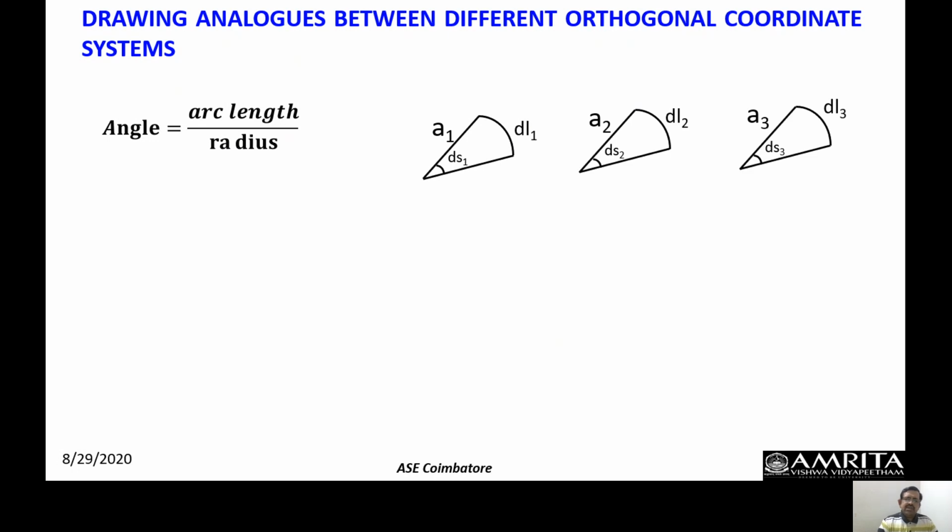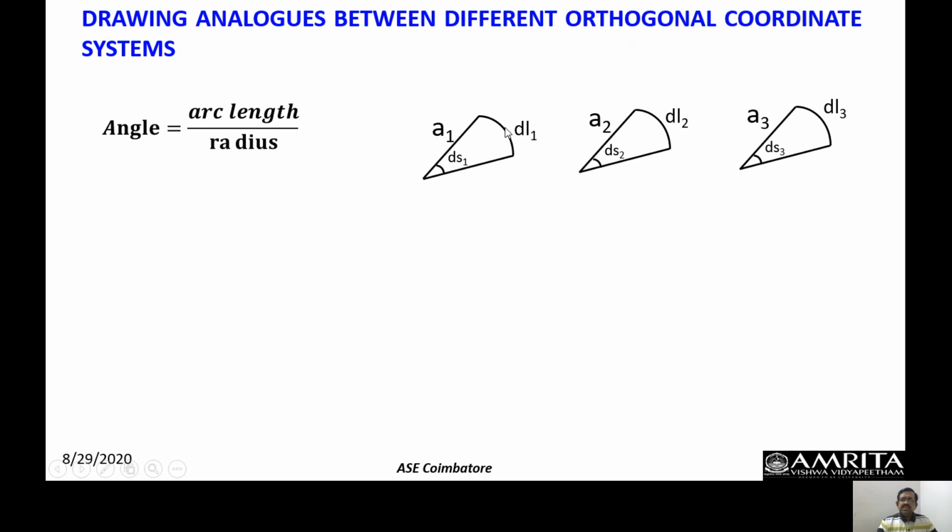So you can see that I have got a parameter linking this. This pictorial representation tells you that I linked this curved path on the three axes with a linear parameter and an angular parameter. So that is exactly what it is. dl1 is nothing but a1 ds1, dl2 is a2 ds2, dl3 is a3 ds3. So if you see here, a1, a2, a3 all are linear parameters. ds1, ds2, ds3 are all angular parameters.